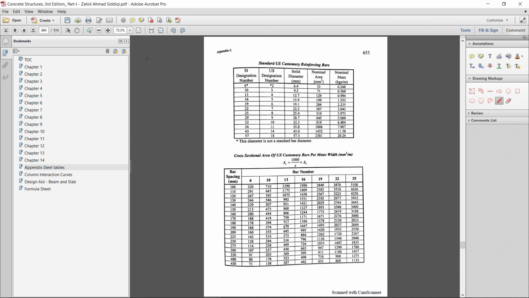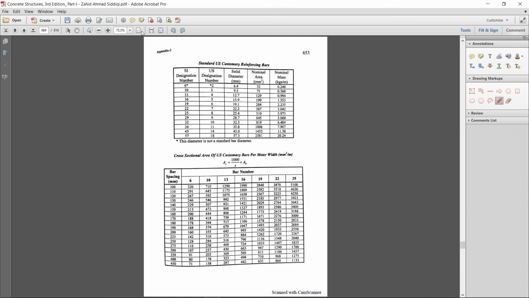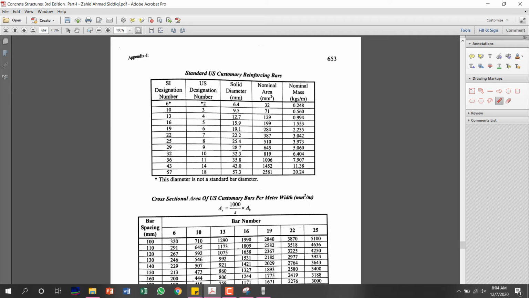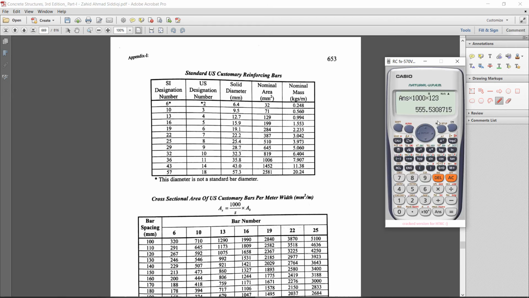Here are the US customary bars, mentioned at the start of the example. If we provide number 10 bar, whose area is 71 millimeter square, and the required area is 484, then 71 divided by 484, multiplied by 1000.